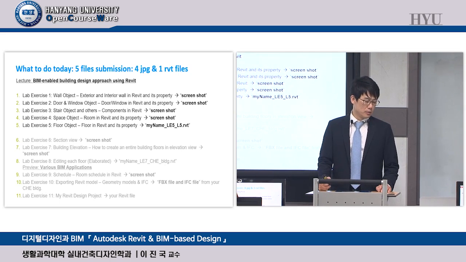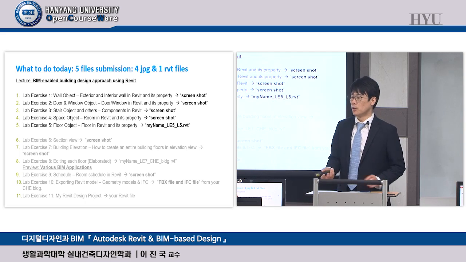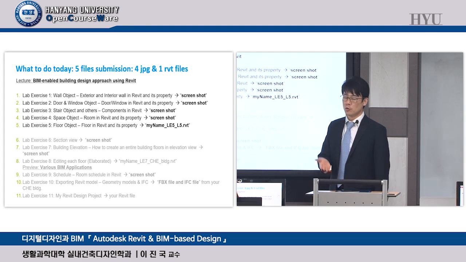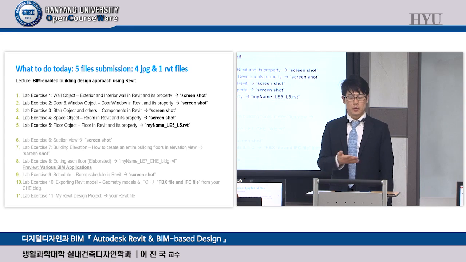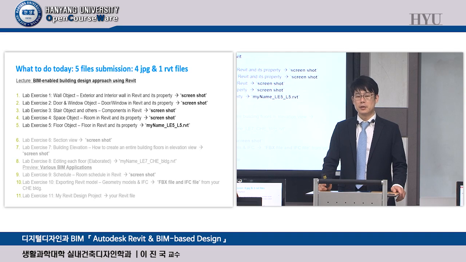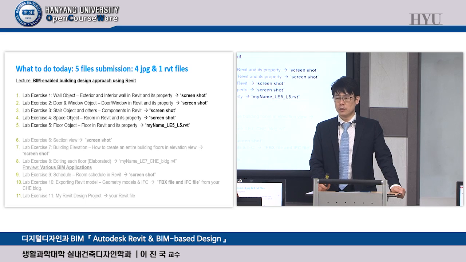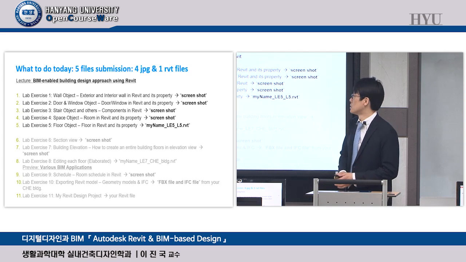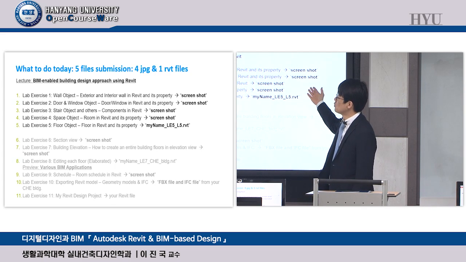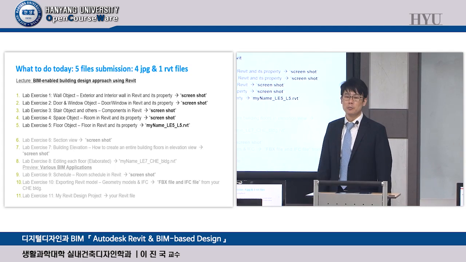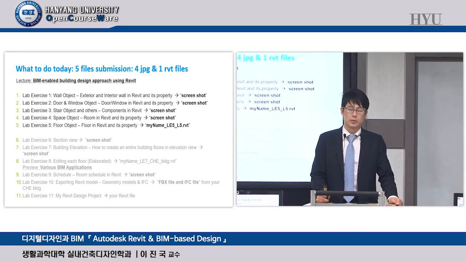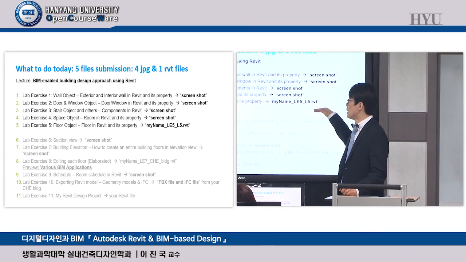I believe you're gonna learn Revit and find out Revit is really, really easy to use and intuitive. At the beginning of learning BIM using Revit, most people think Revit is very easy, intuitive, powerful and a very smart tool. Today's main objective is to figure out the wall object, door, window, stairwell, space object, and some components such as furniture, desks or chairs, and also floor object as well as levels.